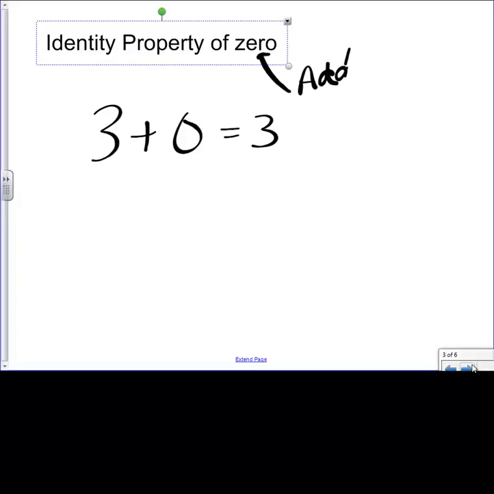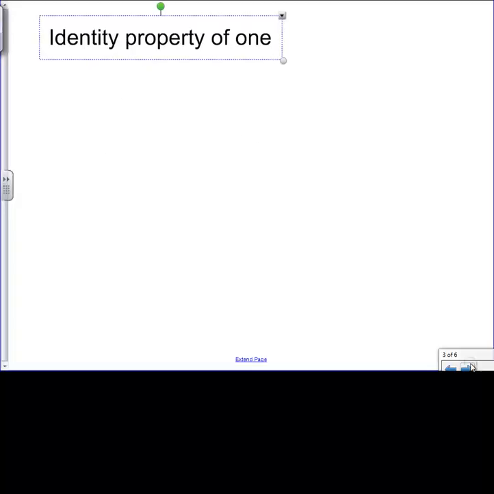All right, the next one is the identity property of 0. It means that if you have a number, anything plus 0 is itself. 0 is your addition identity. This is for addition. And then the next one, the identity property of 1, is about multiplication. So how do you get yourself?